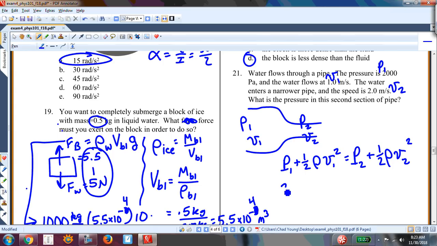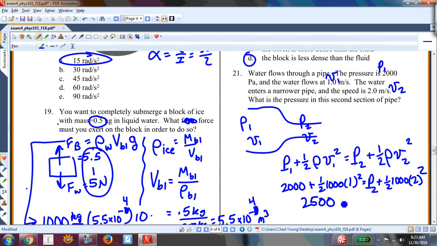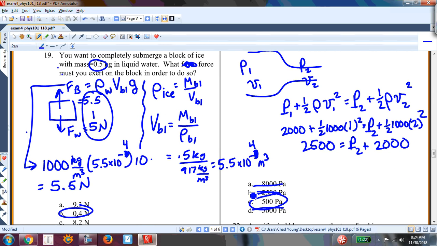And so P1 is 2,000 plus 1/2 of 1,000, that's the density of water, times V1 squared, is equal to P2, that's what I want to know, plus 1/2 of rho, which is 1,000, times V2, which is 2, squared. So this is 500, 2,500 equals P2 plus 2,000. And so P2 is equal to 500, as we expected.